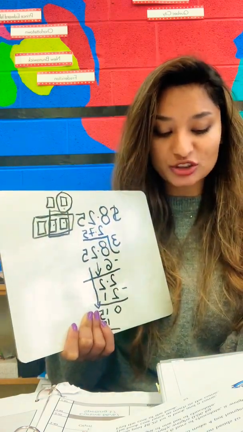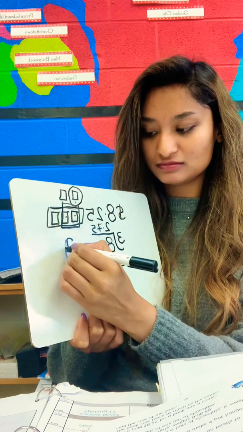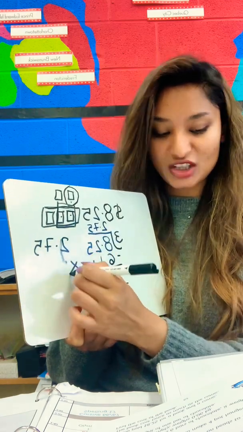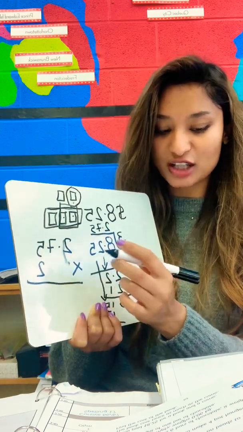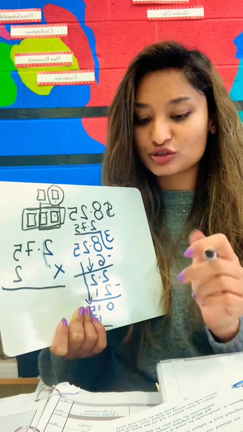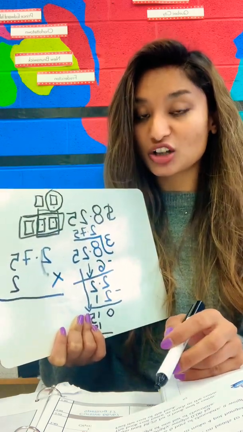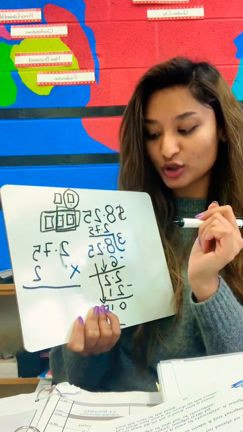Okay, now we need to go ahead and multiply our 2.75 by 2. They're saying the book costs twice as much as the comic. Find the cost of the book. So this would give us the price of our book.